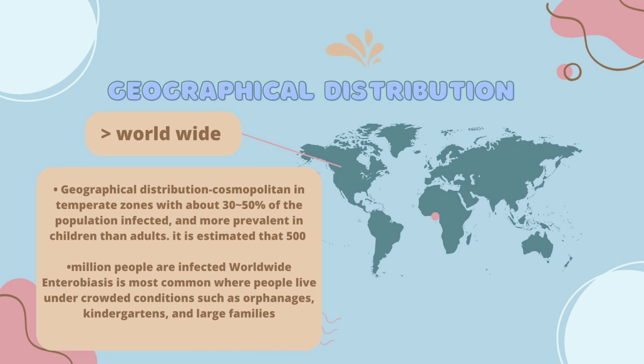It is estimated that 500 million people are infected worldwide. Enterobiasis is most common where people live under crowded conditions such as orphanages, kindergartens, and large families. So it says here that it is common in children.